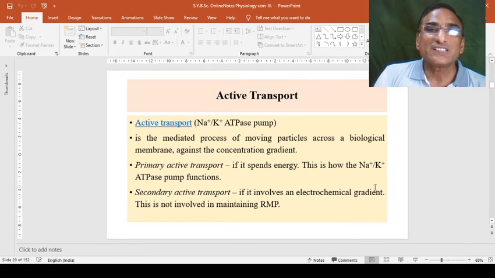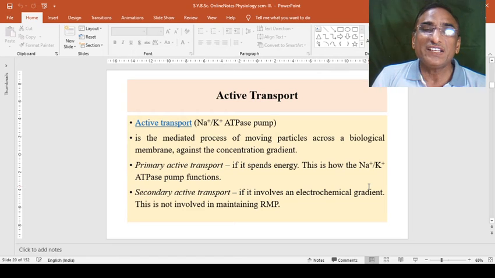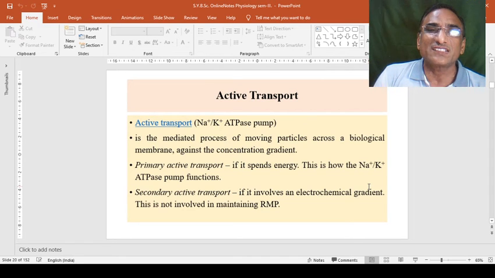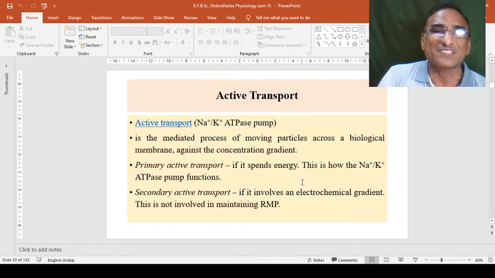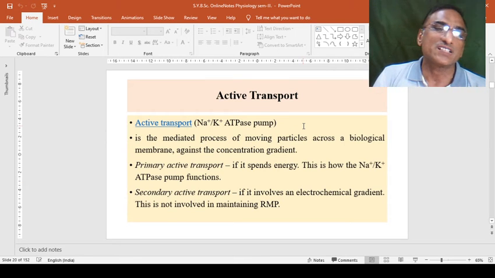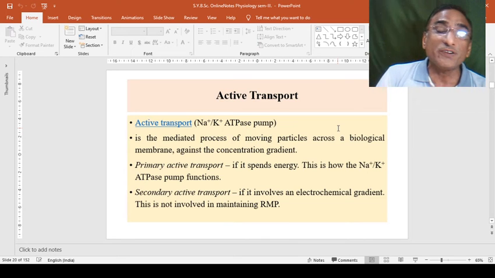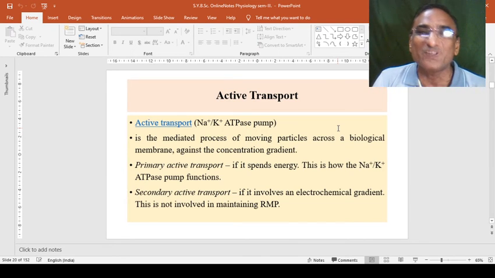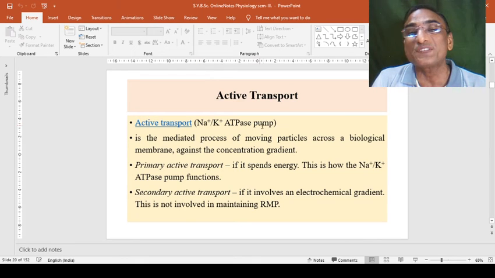Now the next topic, a second subtopic, is active transport. These ions are moving inside and outside, therefore mostly we call it a sodium potassium pump, and this activity is facilitated in the presence of energy, that is adenosine triphosphate. Therefore this is called the sodium potassium ATPase pump.